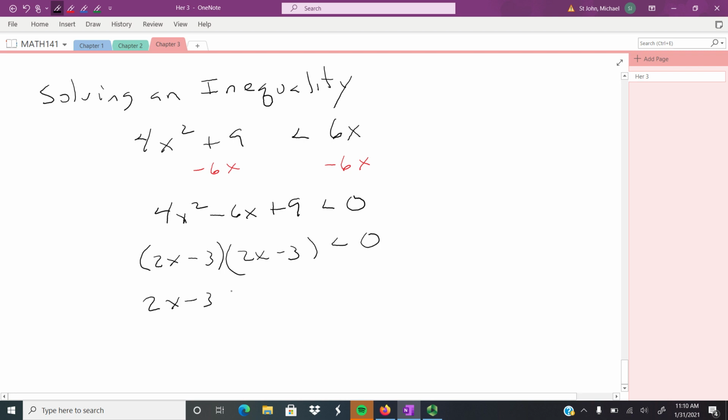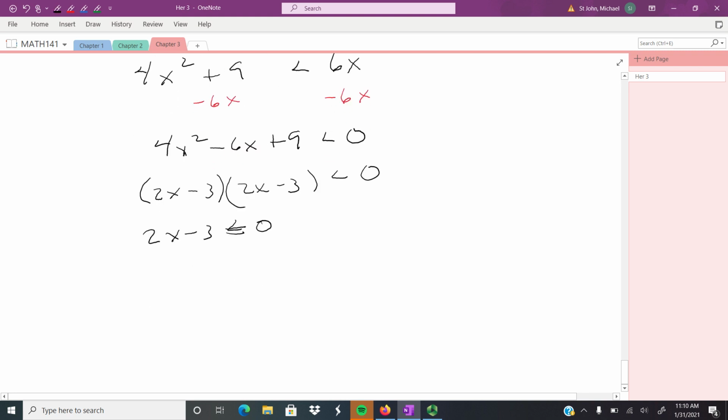So 2x minus 3, and we're going to set this equal to 0 and solve this. Add 3, 2x equals 3, and then divide. And we get 3 halves.